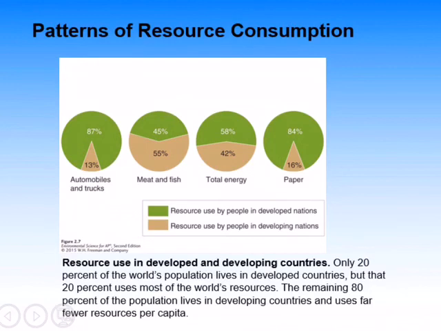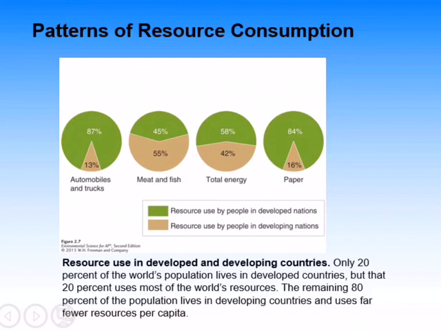Another really important set of terms that we're going to be using throughout the course are developed versus developing nations. Developed nations are industrialized and have highly developed economies. Examples of developed nations include the United States, Japan, and Western Europe nations.